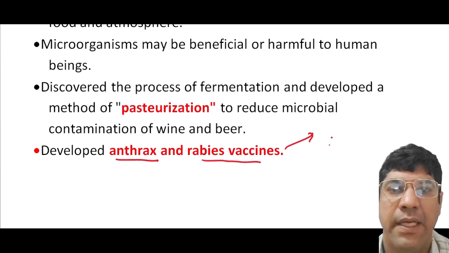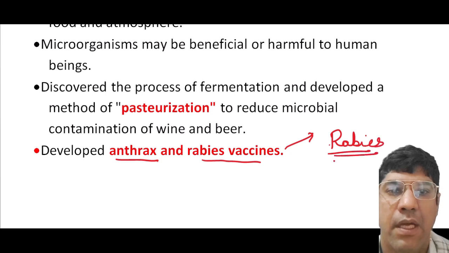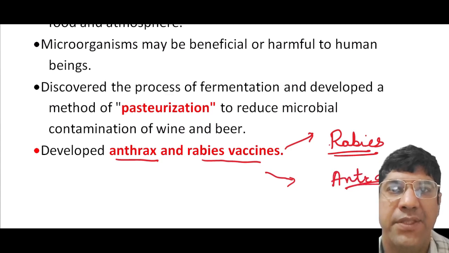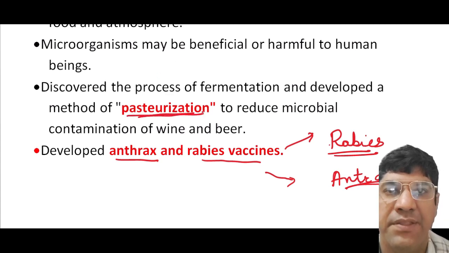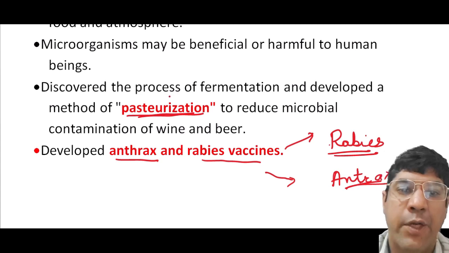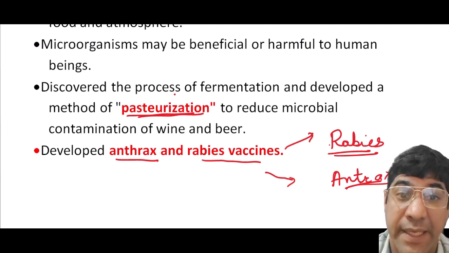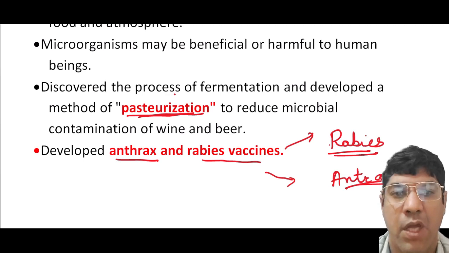He developed the first rabies vaccine and the anthrax vaccine. Louis Pasteur also developed the pasteurization process that involves heating liquids such as milk and wine to kill harmful microorganisms without significantly affecting the taste and quality of the product.